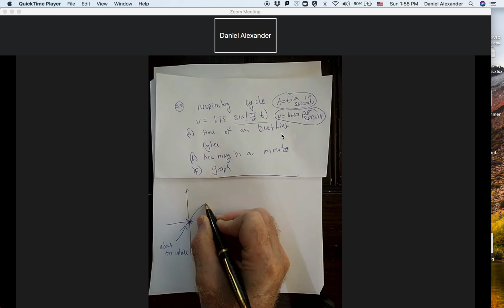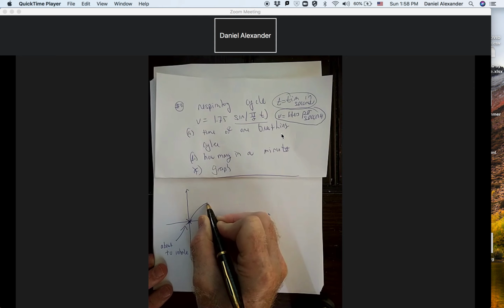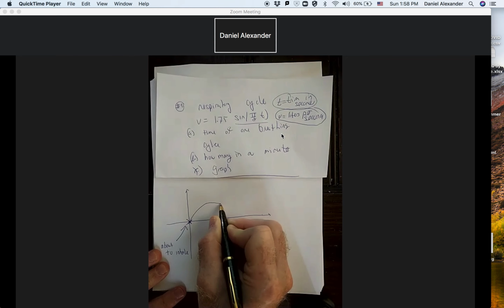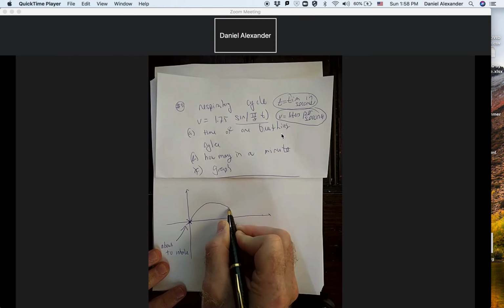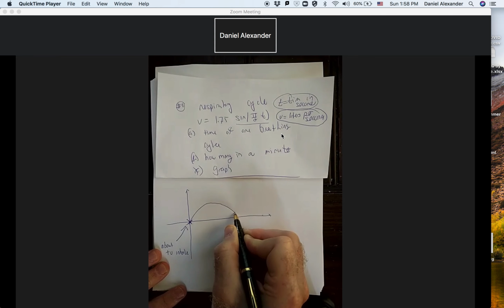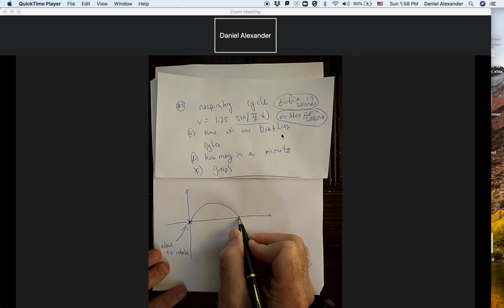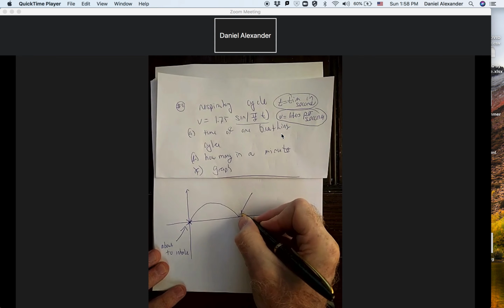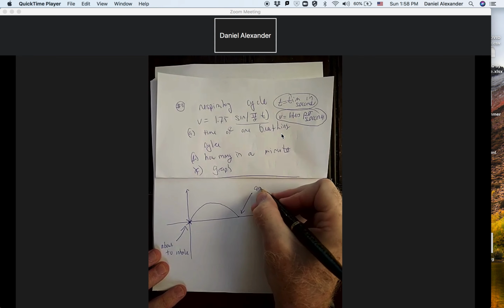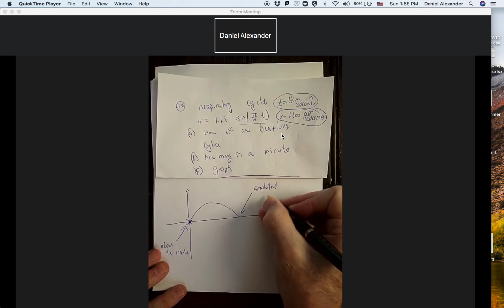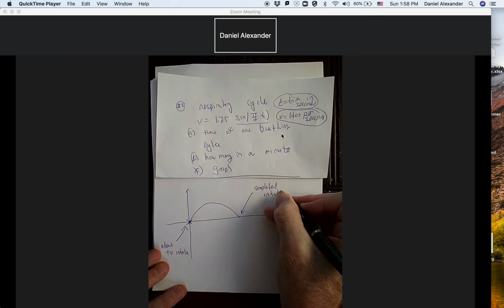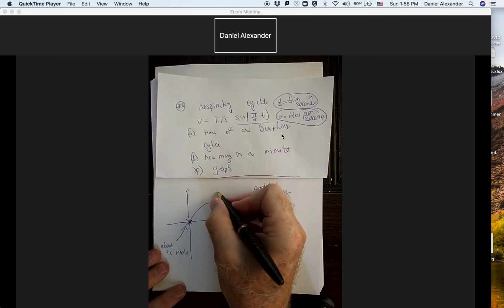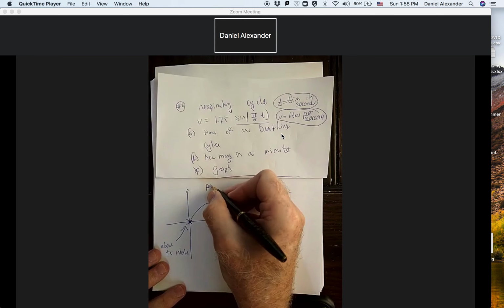I'm going to take more volume, but my rate's going to start slowing. As I get near the end of the inhale cycle, I'm still taking in air, but not as much, so the amount I'm bringing in is decreasing. Finally, at this point, I've completed inhaling. Here's the peak of the inhale.